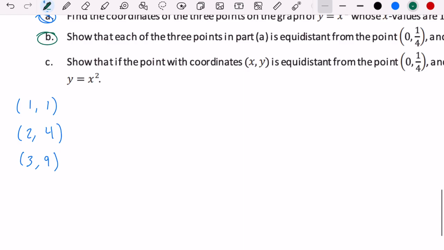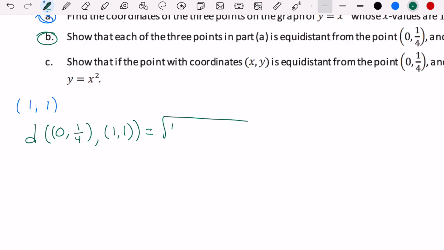I'm thinking how to organize this so that it doesn't look that messy. I'm going to put it here in green. What is the distance from the point (0, 1/4) to the point (1, 1)? Well, that is the square root of (0 minus 1) squared plus (1/4 minus 1) squared.